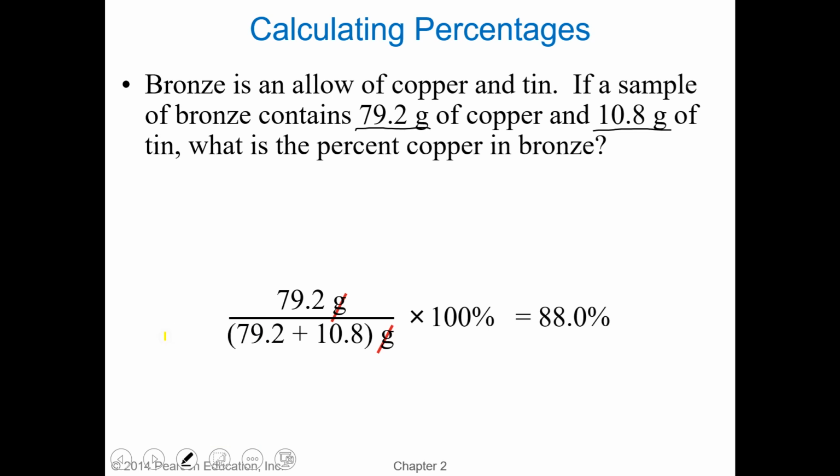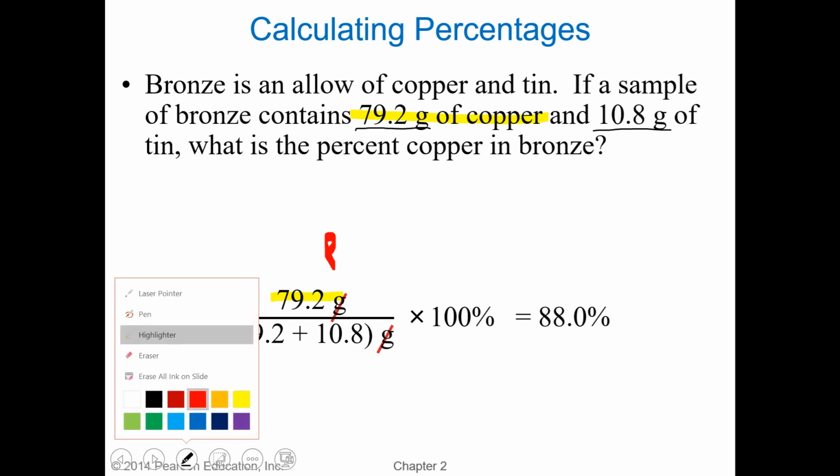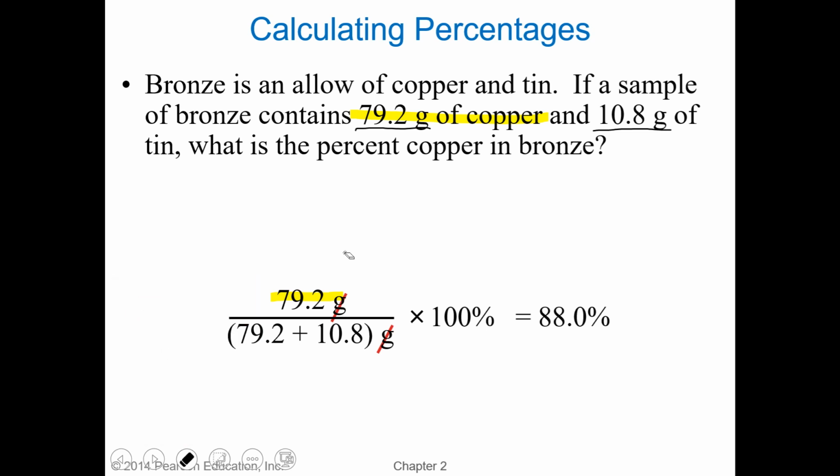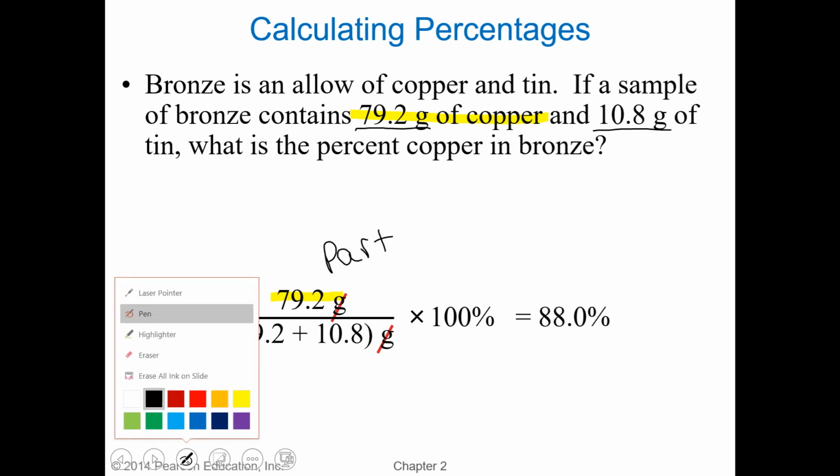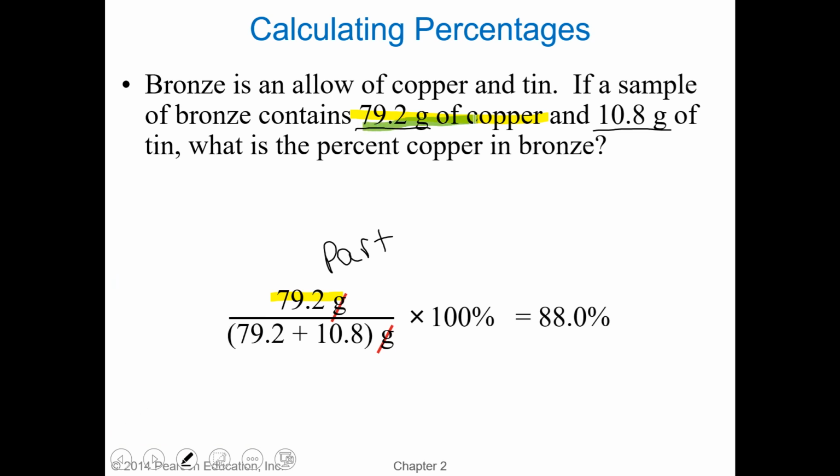Well, when we have that amount of copper, that's our part. The whole is the copper and the tin added together.